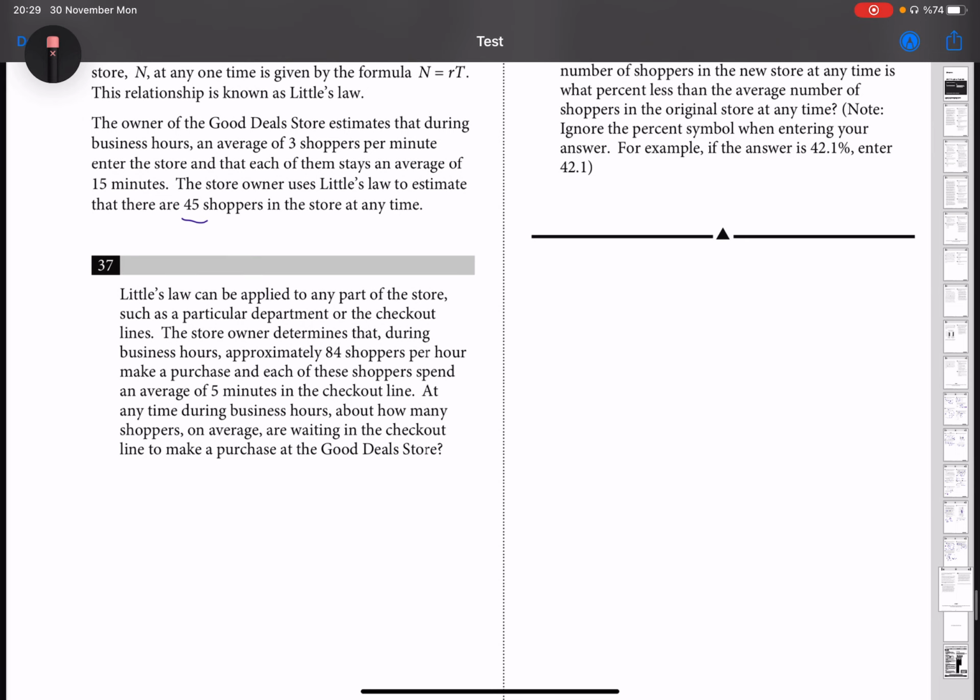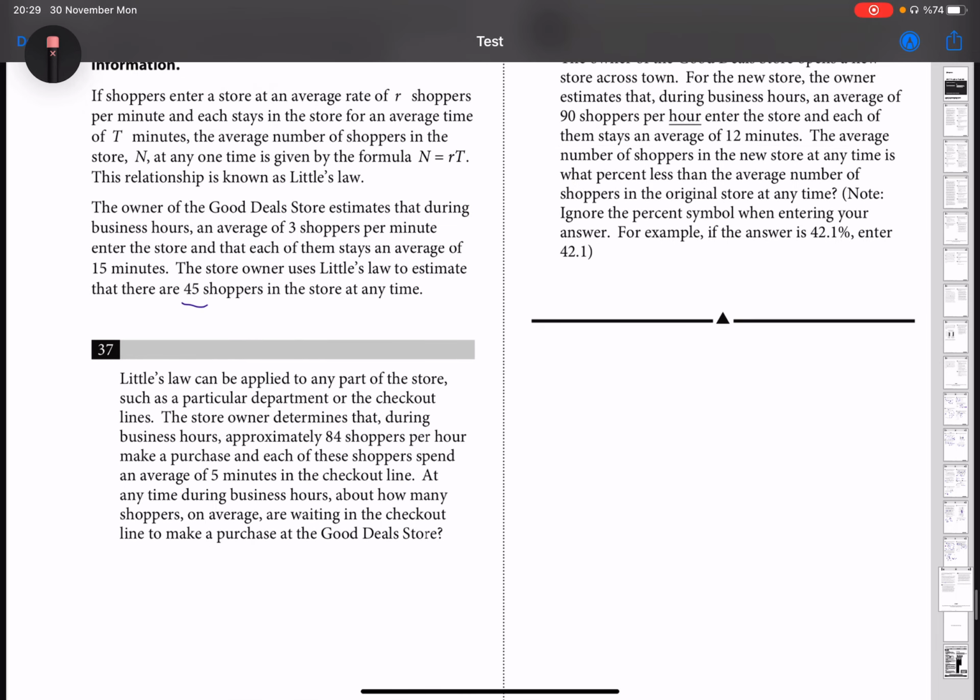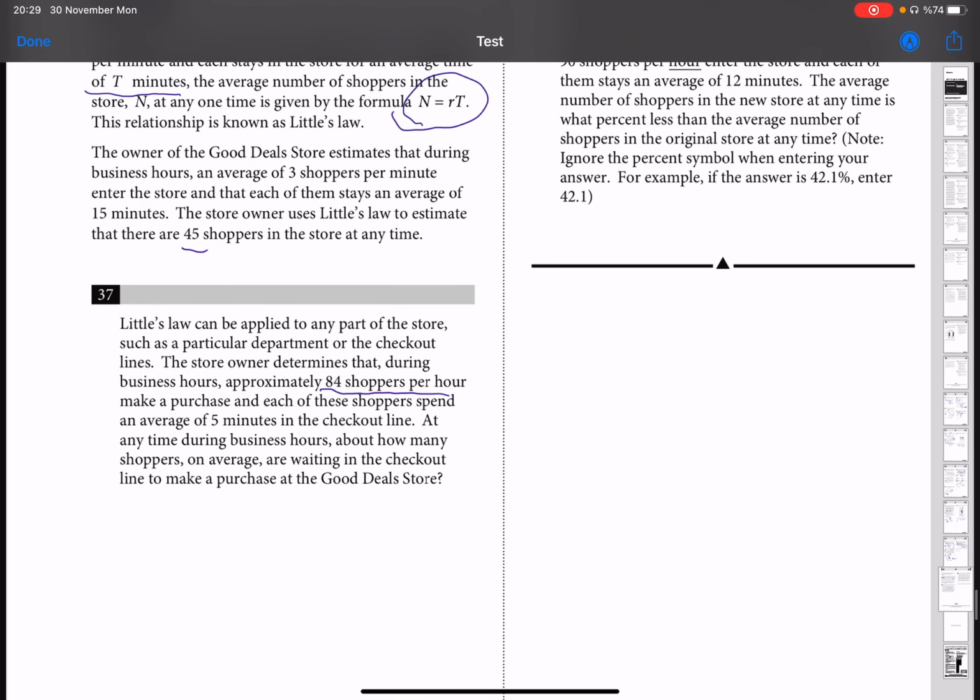Little's Law can be applied to any part of the store, such as a particular department or the checkout lines. The store owner determines that during business hours, approximately 84 shoppers per hour make a purchase and each of these shoppers spends an average of 5 minutes in the checkout line. Realize that the question gives the formula in terms of minutes, so we should convert this hour to minutes by dividing this number by 60.